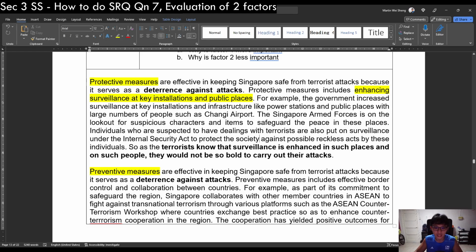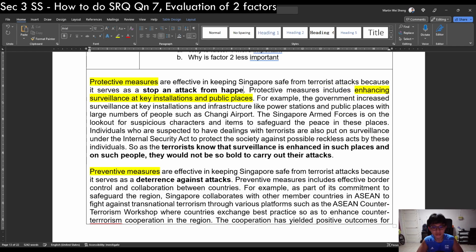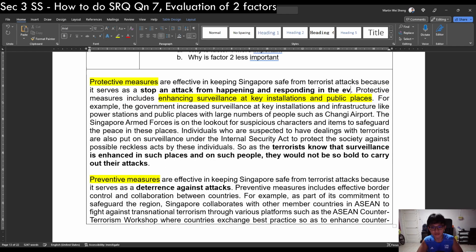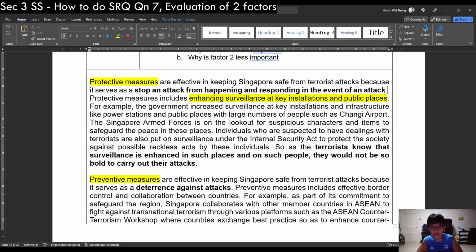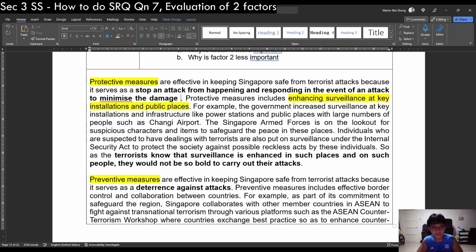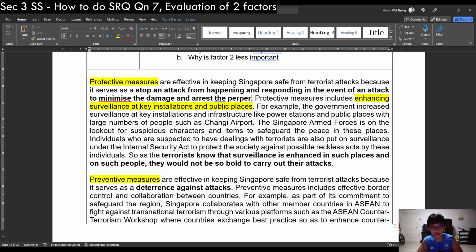So the protective measures are effective in keeping Singapore safe from terrorist attack because they serve to, rather than put deter against an attack, serve to stop an attack from happening, and responding in the event of an attack to minimize the damage and arrest the perpetrators.